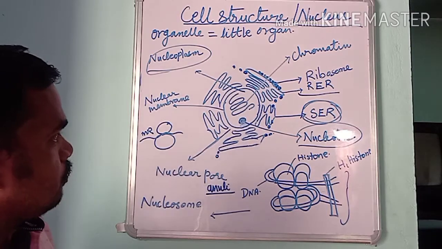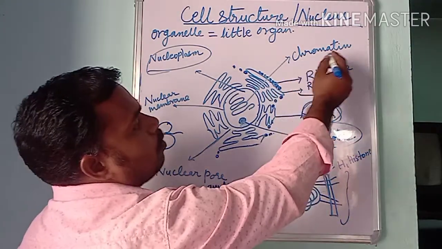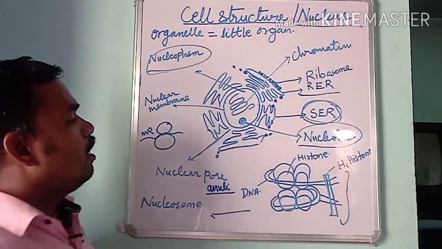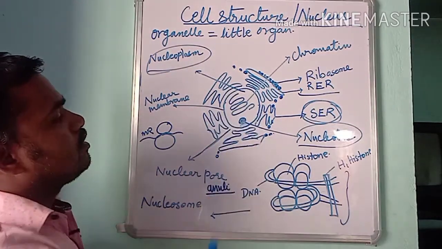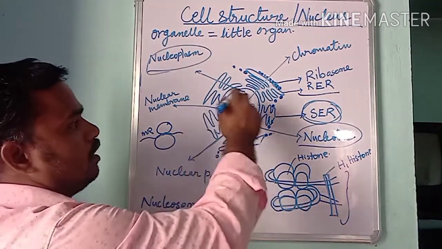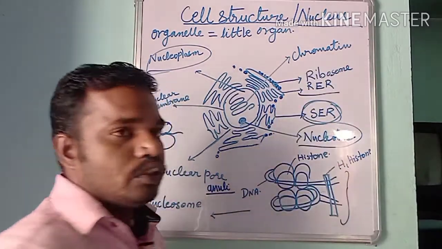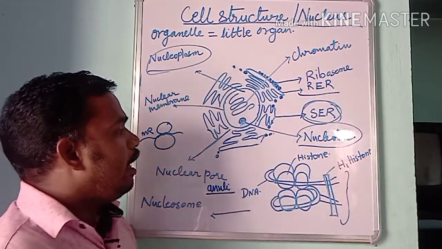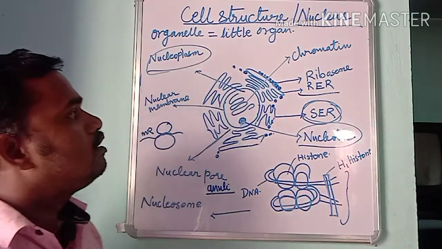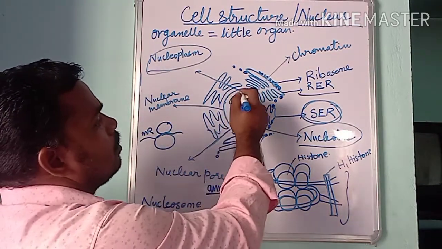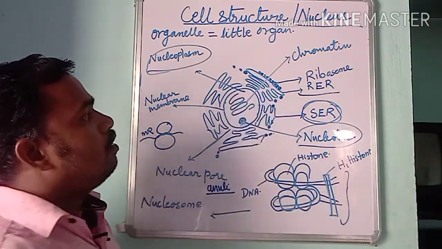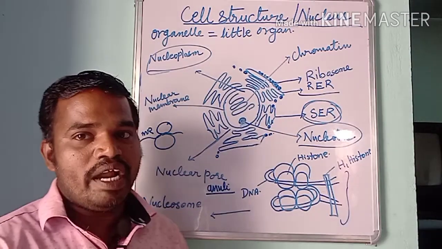Okay, so let's discuss the chromatin. This chromatin is uncoiled and indistinct in the nucleus, and later on condenses into the chromosome. During the interphase of the cell cycle, it looks like a network structure called the chromatin.